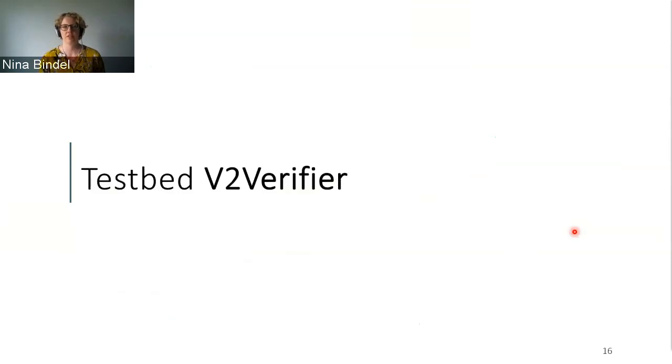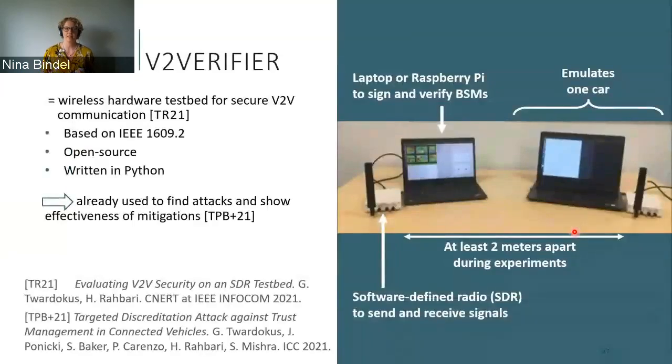Now, researchers at the Rochester Institute of Technology implemented a wireless hardware testbed for secure V2V communications that is based on this IEEE standard, which is also open source and written in Python. The purpose of this testbed is not to give a very efficient implementation, but to find attacks and show the effectiveness of mitigations.